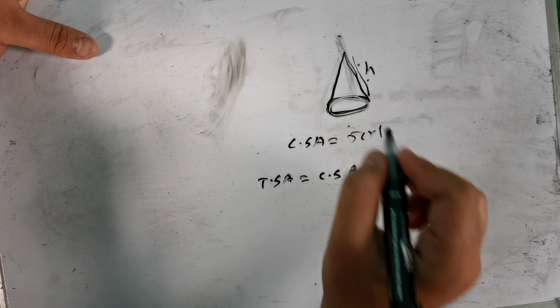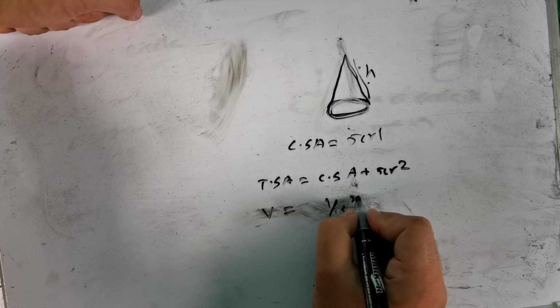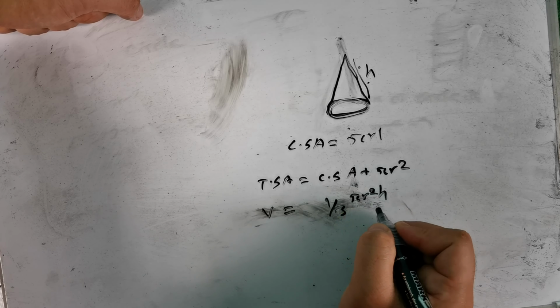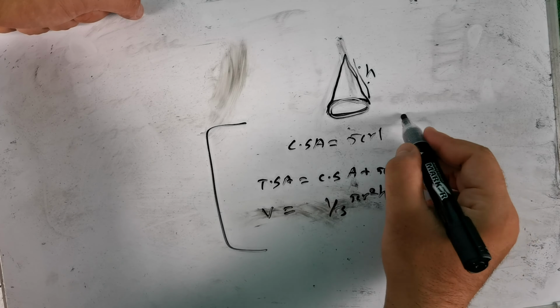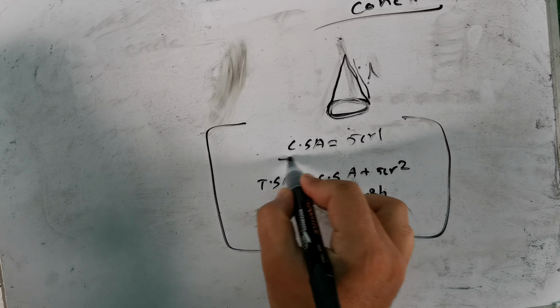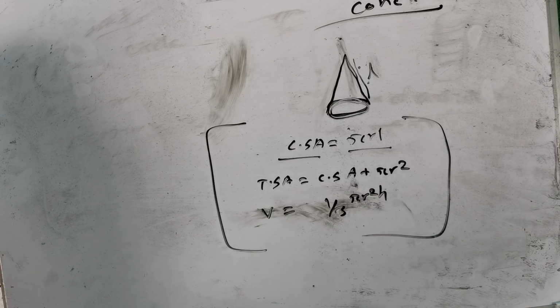Now volume is equal to 1 by 3 pi r square h. This is the formula of cone. Okay, this is l. Curved surface area is pi r l.